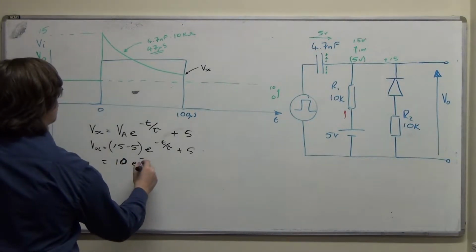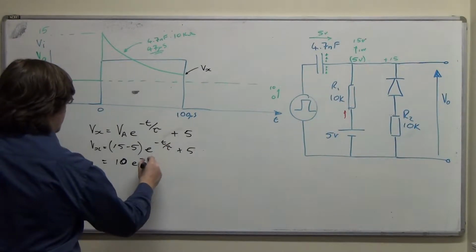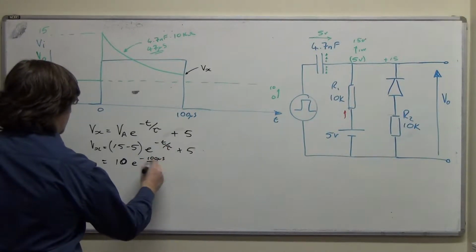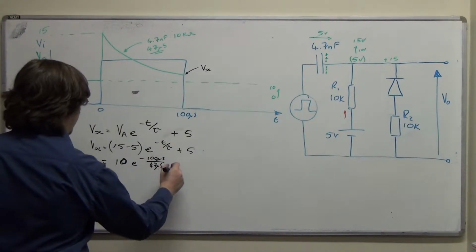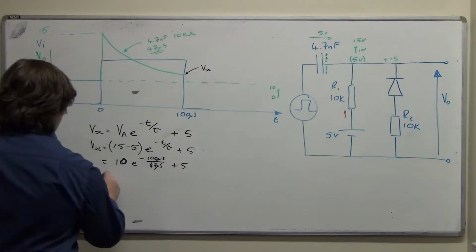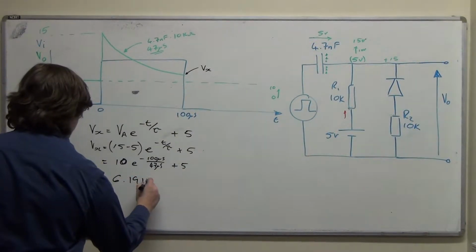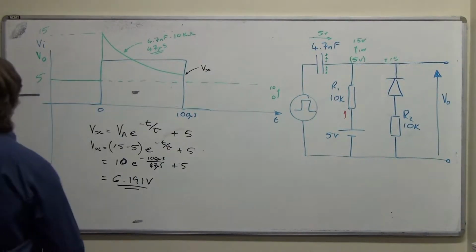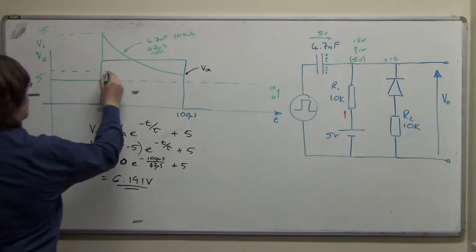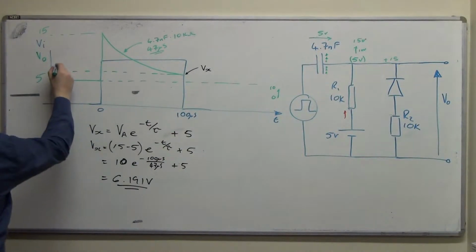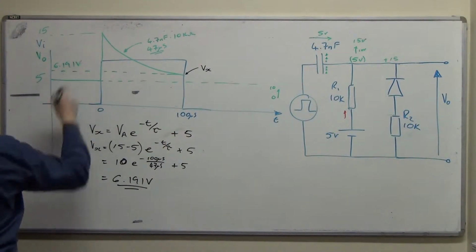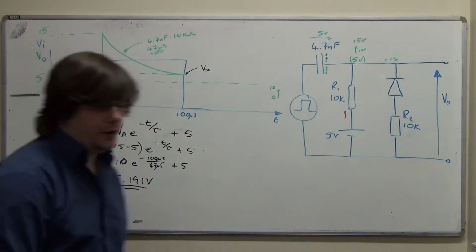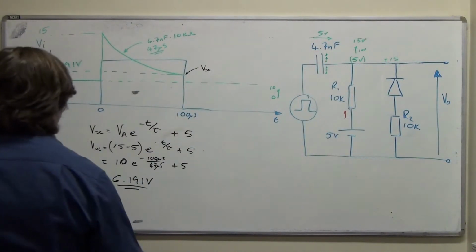So we'll insert some numbers, and we'll have 10 obviously, e to the minus, and we're at 100 microseconds, but we've got 47 microseconds as a time constant. And then it's plus 5, 6.191 volts. So we can say that Vx is 6.191 volts. Okay, so I'll get rid of this lot now.